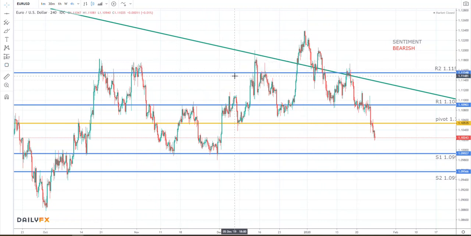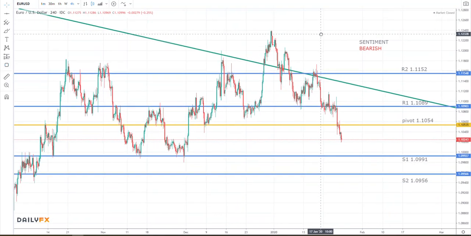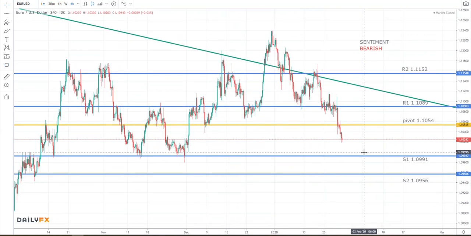All these 8 attempts you could have sold from and made money on the way down. But it looks like we finally got a break out of that zone, which looks to clear the way for price returning to about $1.0991. So about this $1.10 mark is the next target.